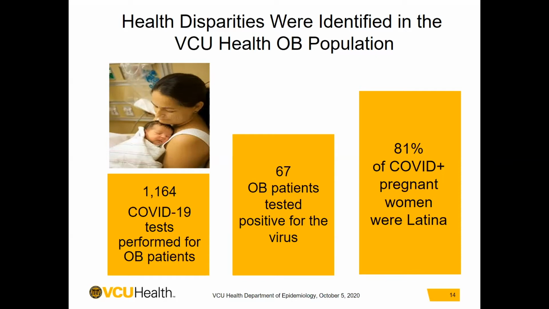And the data that we have been tracking has shown us that of the women who have delivered babies at VCU Health System, we performed tests for 1,164. 67 of our moms have tested positive for the virus. But unfortunately, 81% of our COVID positive moms were Latina.